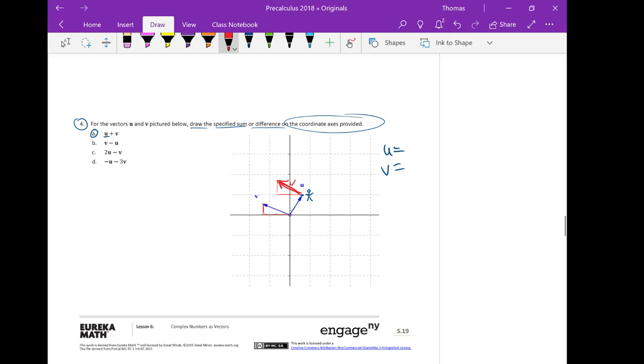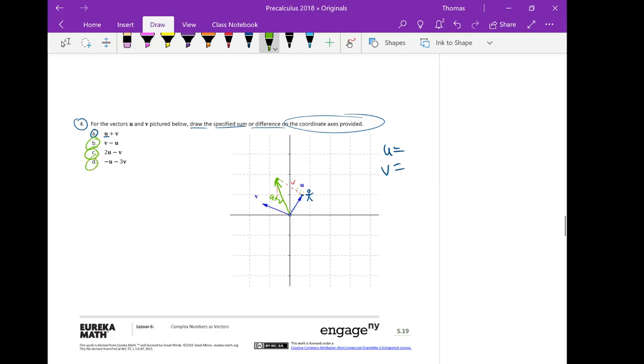So it says go u, then go v, walk to the end, and that's where we end up. I'm just going to draw a resultant in green, and then erase some of our strokes along the way. It's okay to leave some marks when you're making these drawings. Maybe just leave a little dashed v like that to show where you got it. Then make sure to label your resultant u plus v.